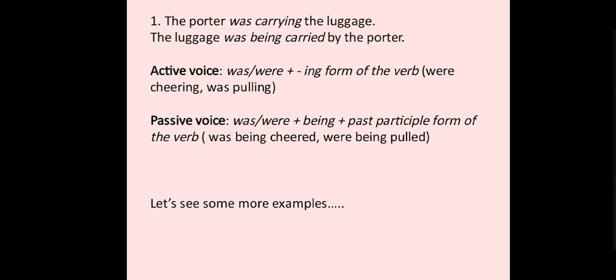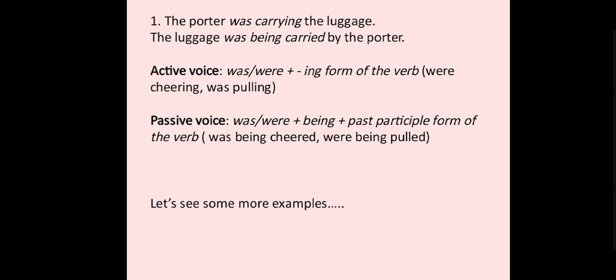Here we have our first sentence: The porter was carrying the luggage. This is a sentence of active voice. Here I have given the answer key of active voice, that is "was" or "were" plus the ing form of the verb. Examples are given: were cheering, was pulling.